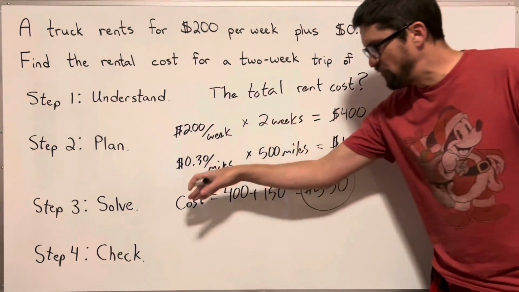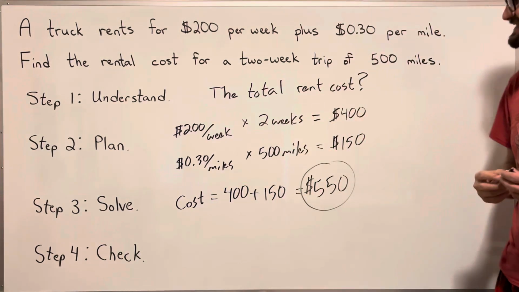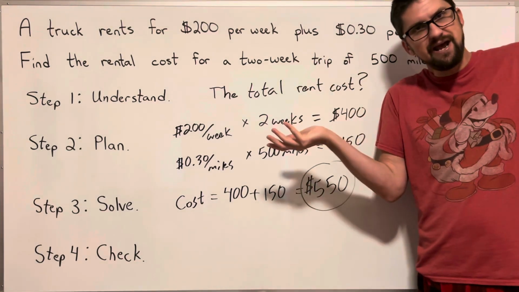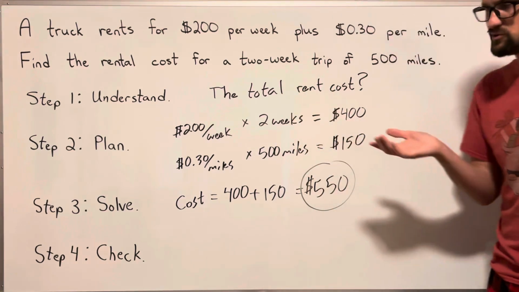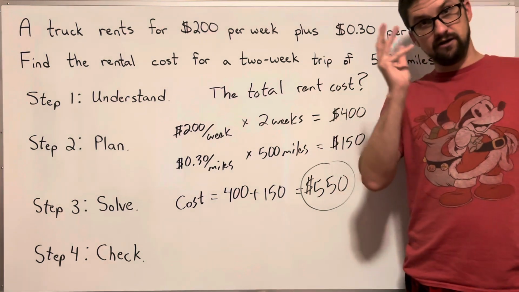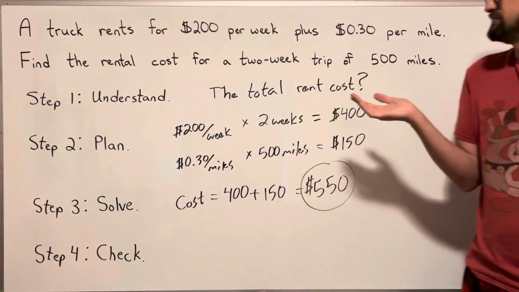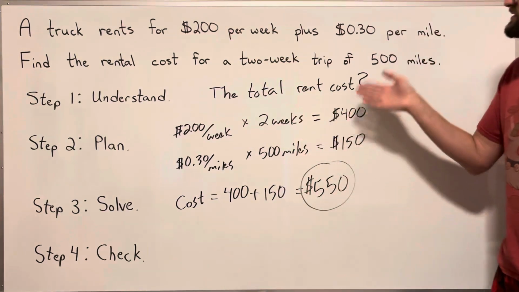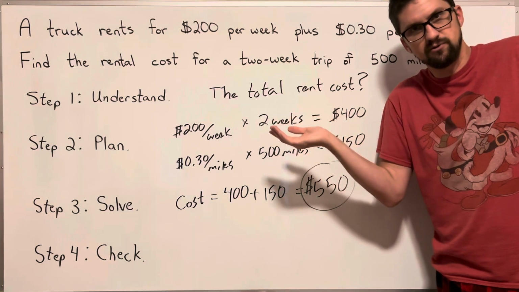But then step 4 is you want to check it and see if it makes sense. We're renting a truck here, so if we get, say, a negative dollar amount, then something's wrong. Or if we get a very large number, then that wouldn't make sense either. Like if it was over $1,000, something might be going wrong. Or if it was $1 million, we know something was wrong.